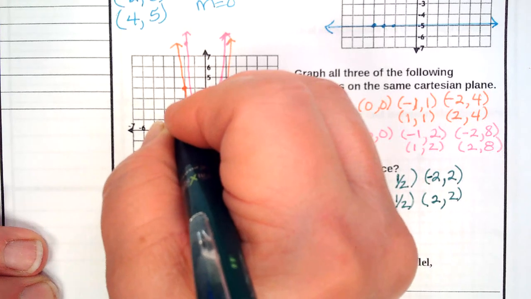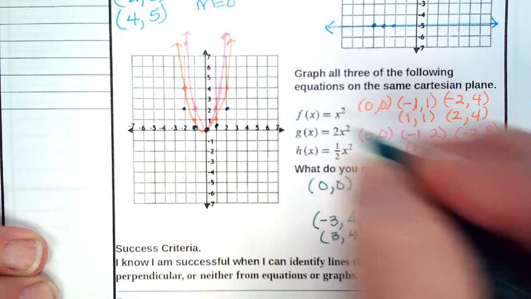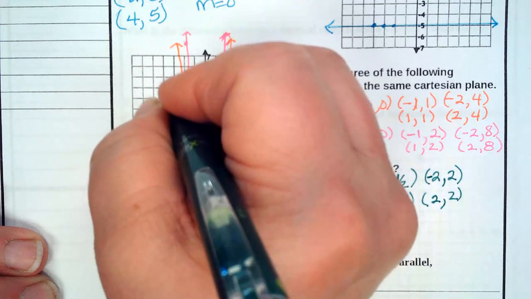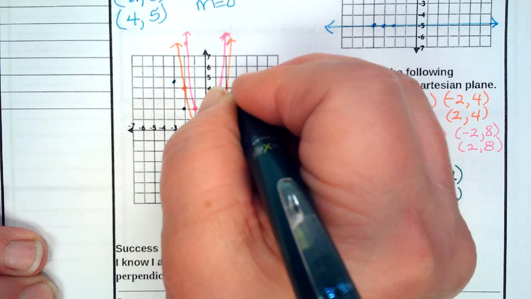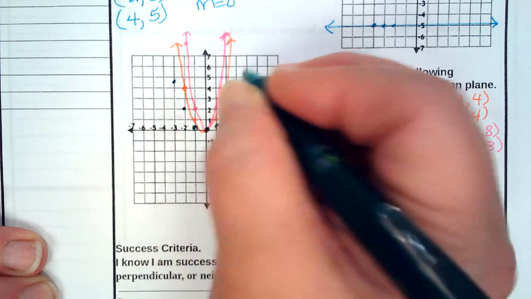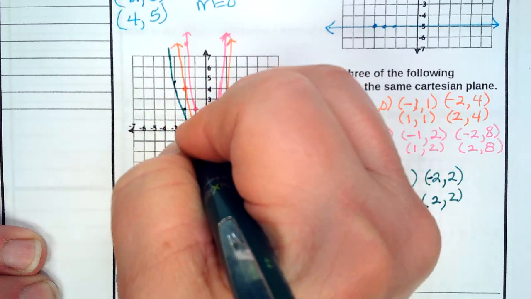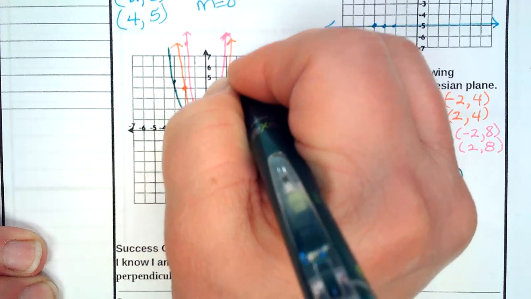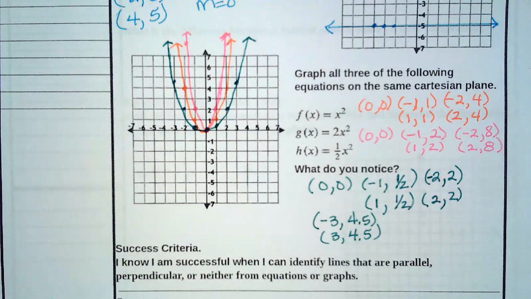-2, 2, 2, 2. -3, 4.5. 3, 4.5. See how it gets flatter? So what do you notice?